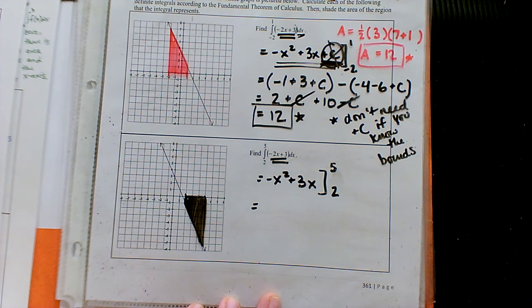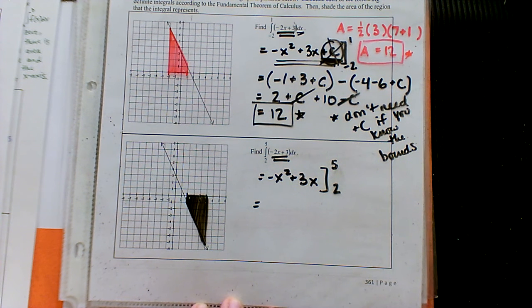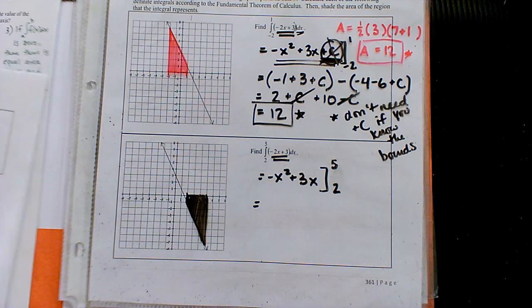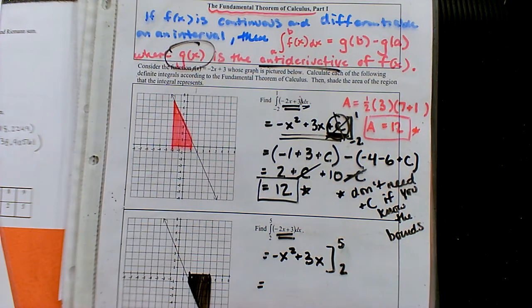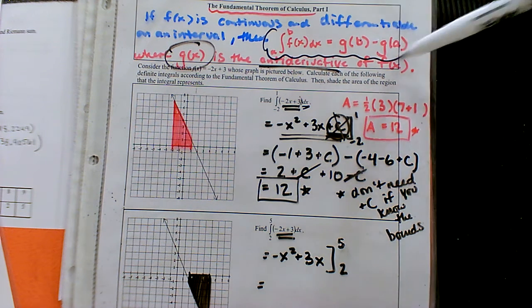Do we plug in the 5 or plug in the 2? Can we think about what the fundamental theorem tells us at the top?